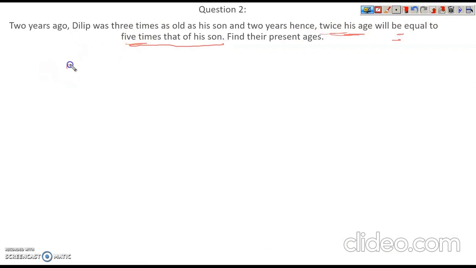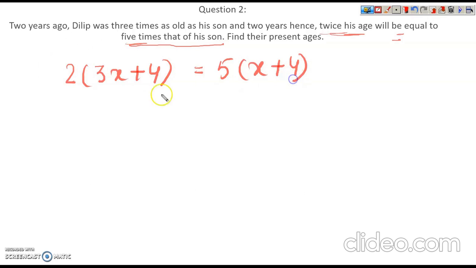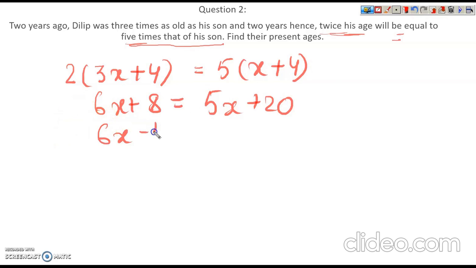So from this sentence we can write that 2 times (3x plus 4) is equal to 5 times (x plus 4). Now when we open the bracket we can write like this. Now all variables on the left side, constants on the right side. That means 6x minus 5x. This will become minus if it jumps the equal sign. And then 20 minus 8. That means x is 12.